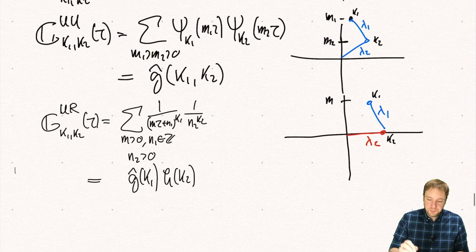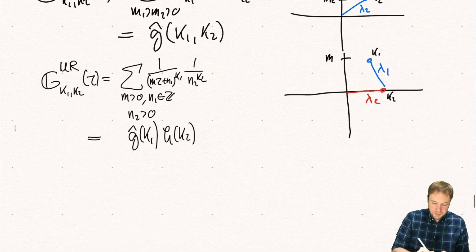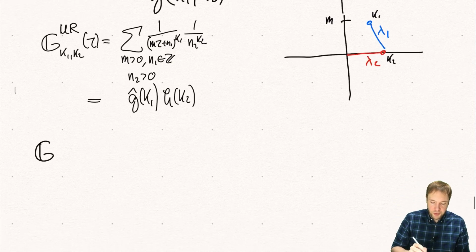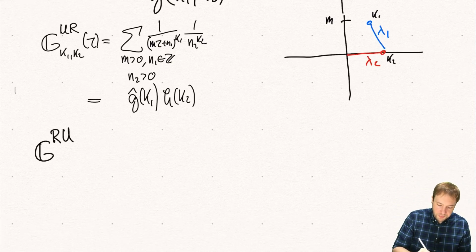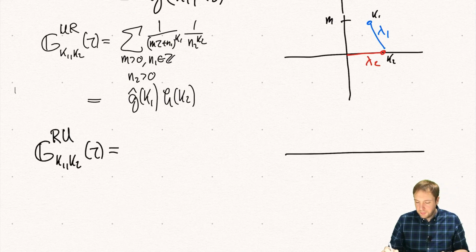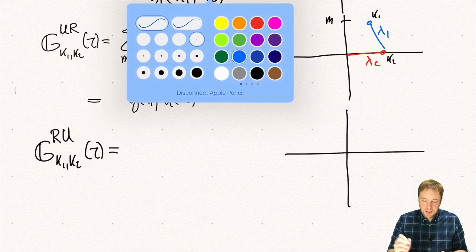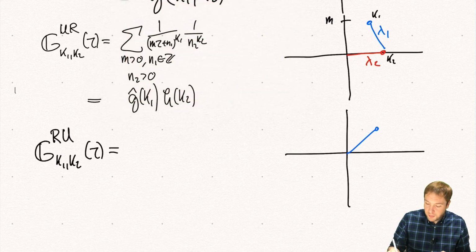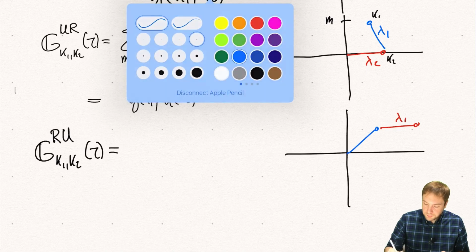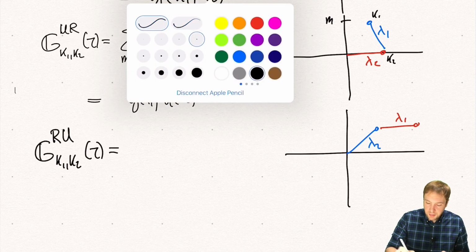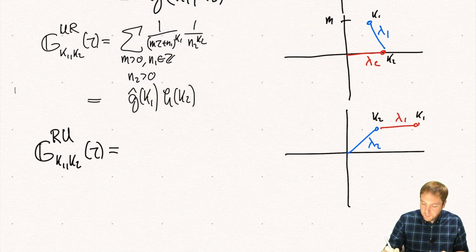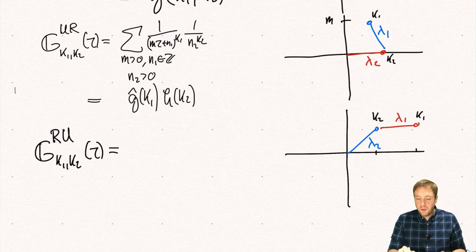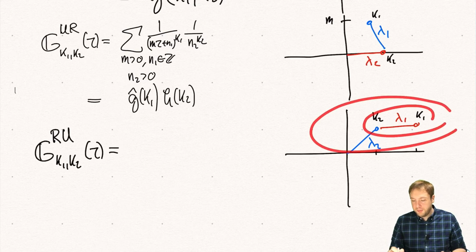But now the hardest part is the case when we have a word ending in u. So this means lambda 2 is in u, and then lambda 1 is in r. And here I have k2 and here I have k1. So I need to take the sum over all of these pairs like this.